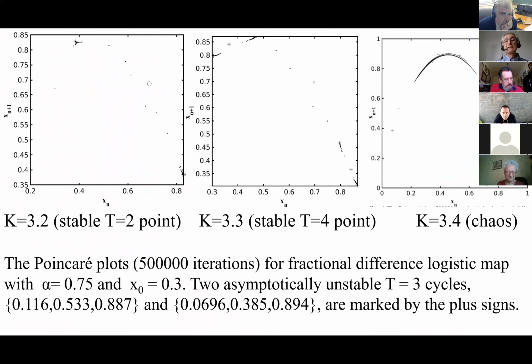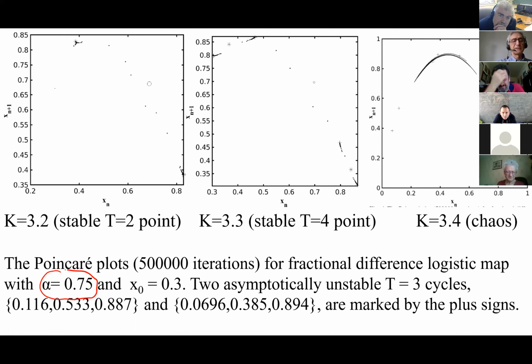Okay. Now, here I've drawn a few return maps for the fractional difference logistic map.